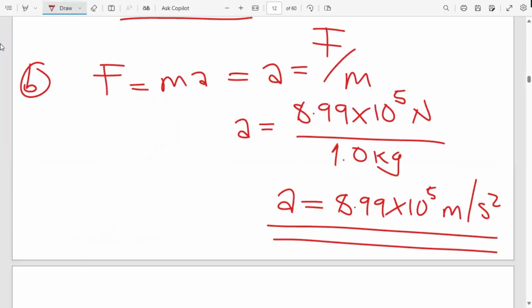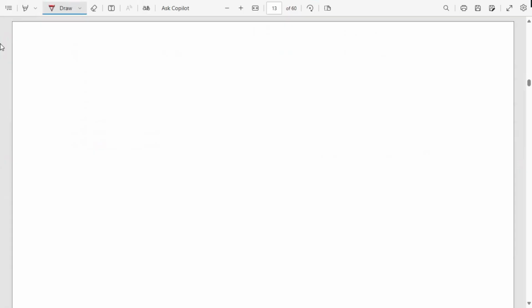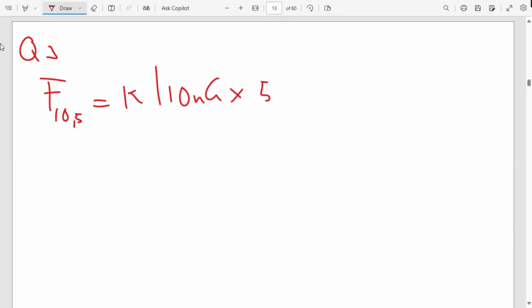our blank board here and say this is question 3. So I'm going to say F of 10 on 5 will be equal to k times the 10 nanocoulomb charge multiplied by the 5 nanocoulomb charge over the distance between the two charges squared.